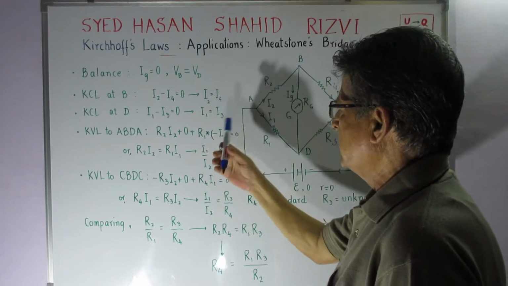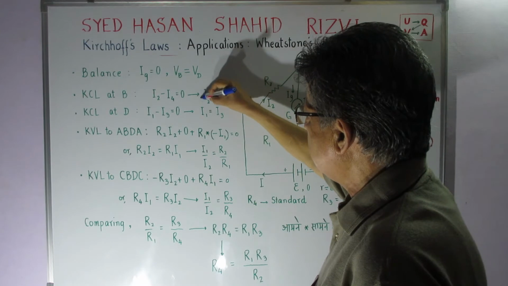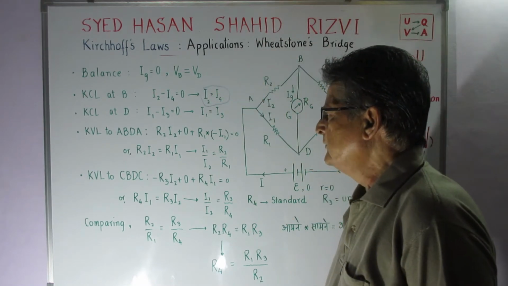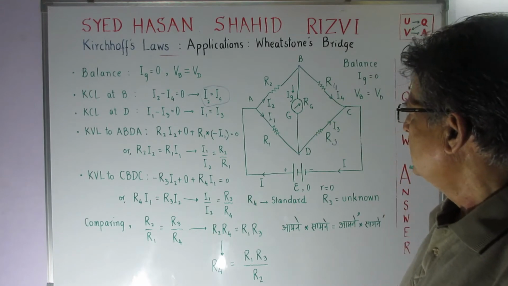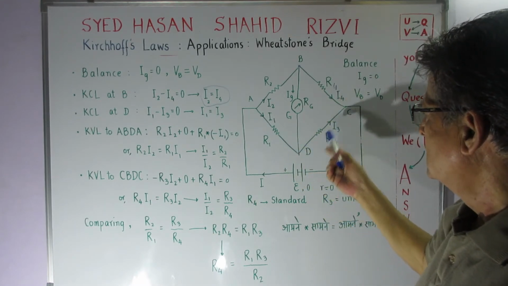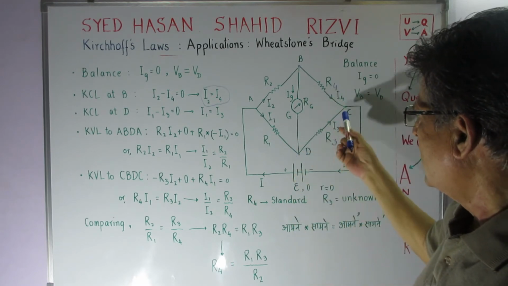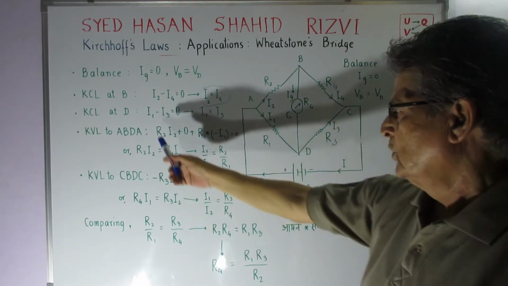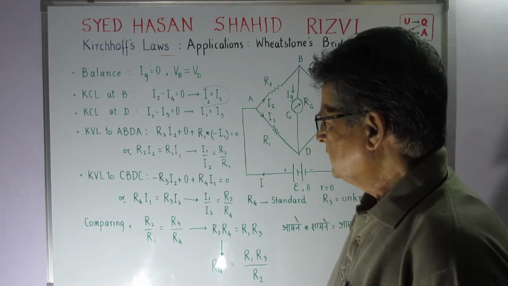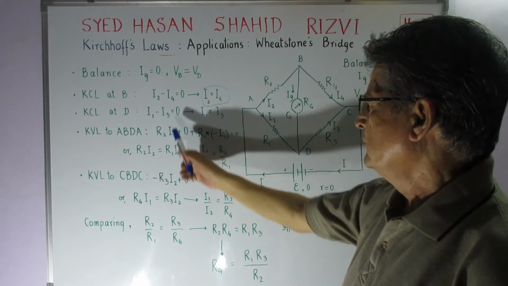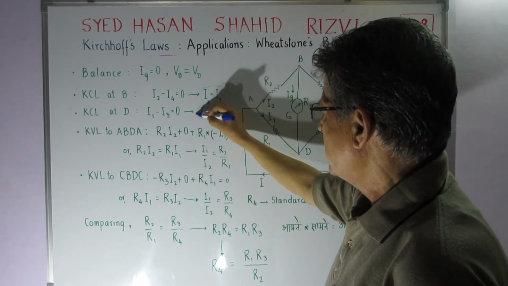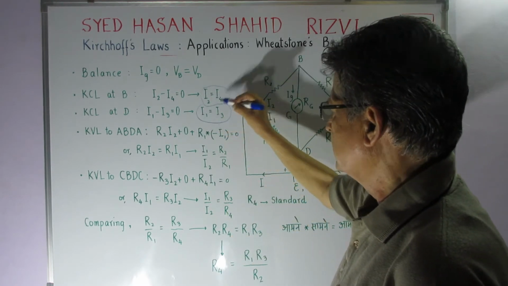So I can get this relation that I2 is equal to I4. And similarly, at this junction, I1 is the incoming current, I3 is the outgoing current. So if we take incoming current as positive and outgoing current as negative, we get a relation like this, which gives us, okay, I1 is equal to I3.